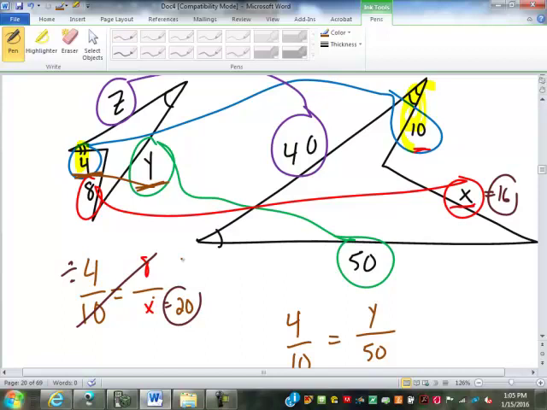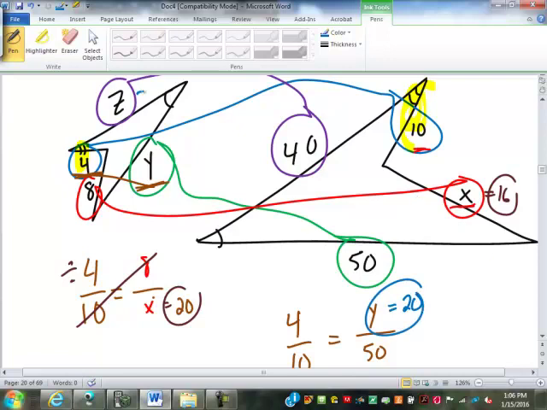Y better be smaller than 50, right? So what's Y become? 20.